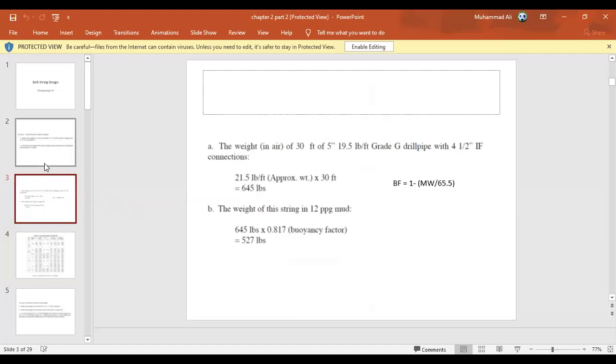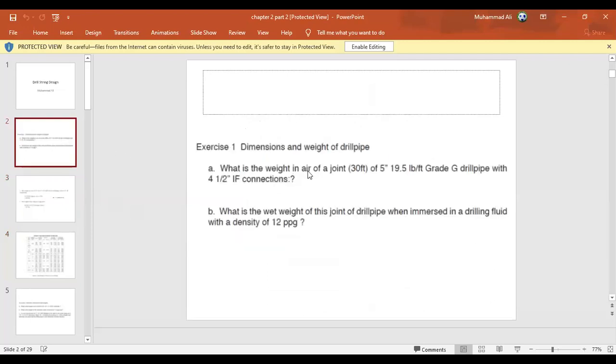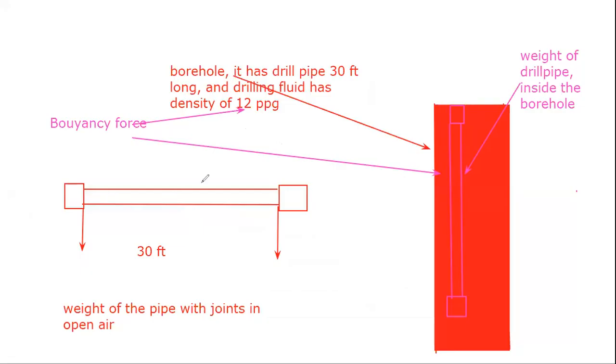Yeah, sure. Now, what we want to do is calculate the weight of the drill pipe in the air. When I say that we have a drill pipe, this one, we have to look at the weight 19.5 pound per foot.